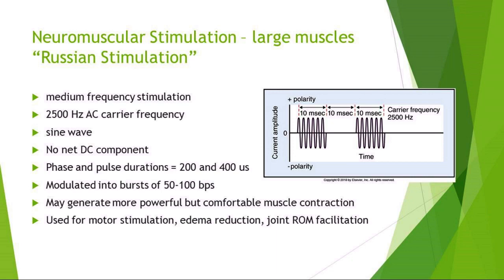Look at that strength duration curve on page 227. You'll know that's the perfect pulse duration for stimulating muscle fibers. It does modulated bursts of 50 to 100 bursts per second. You think you can feel that? No, it feels like one continuous bzzz.